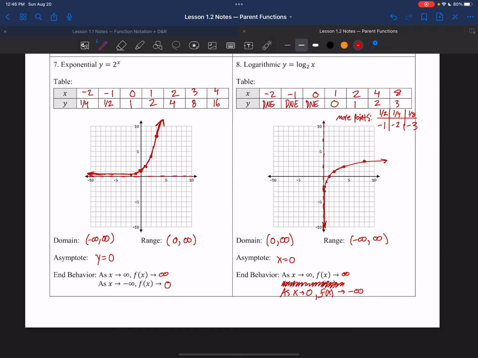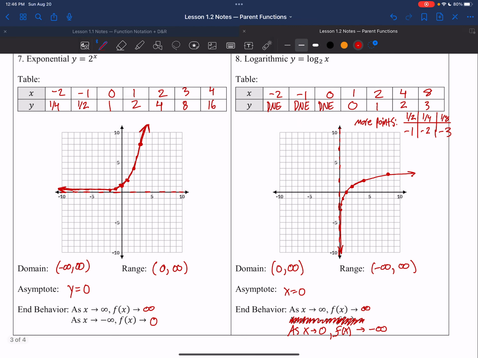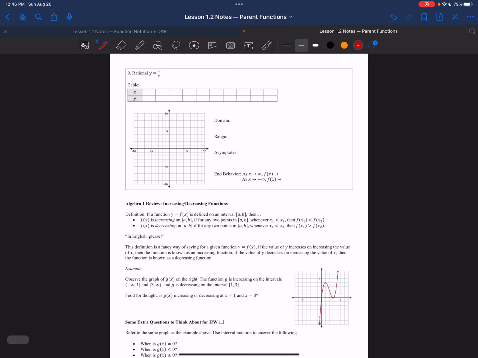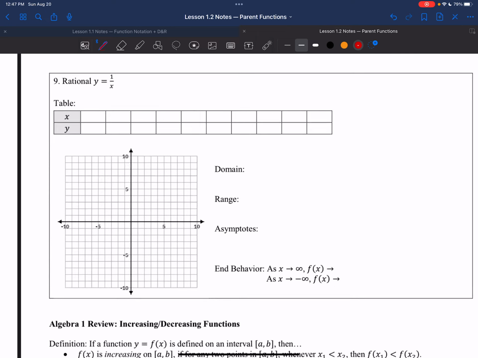When it comes to a logarithmic graph, right now, I only want you to be able to read it. I'm not going to ask you to graph logs yet. We are going to have a specific unit dedicated to that. You're just seeing what it looks like, and you know how to read the graph. Done. Okay, there's one more, and then I need to go to Raising Cane's.